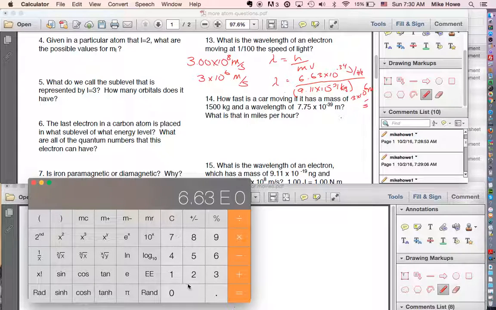So 6.63 EE 34 and the negative sign divided by, it's essentially zeros, right? But it's still a number. So 6.63 times 10 to the negative 34th divided by 9.11 EE 31. Okay, gonna have to use a different calculator because this calculator is not cutting it.